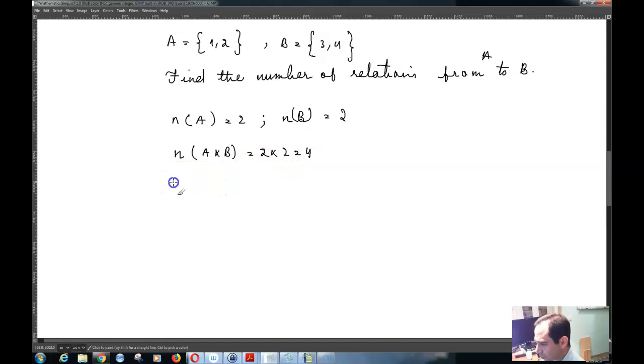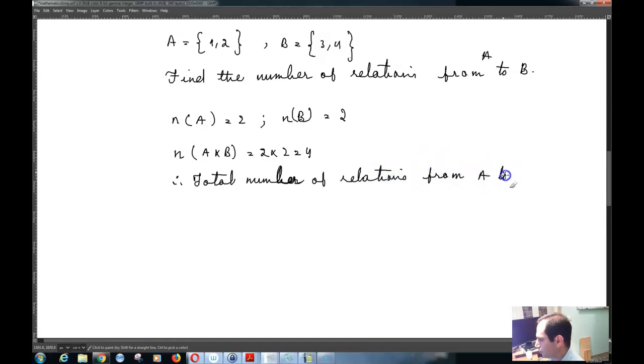Then the total number of relations from A to B would be 2 raised to the power 4, which is equal to 16.